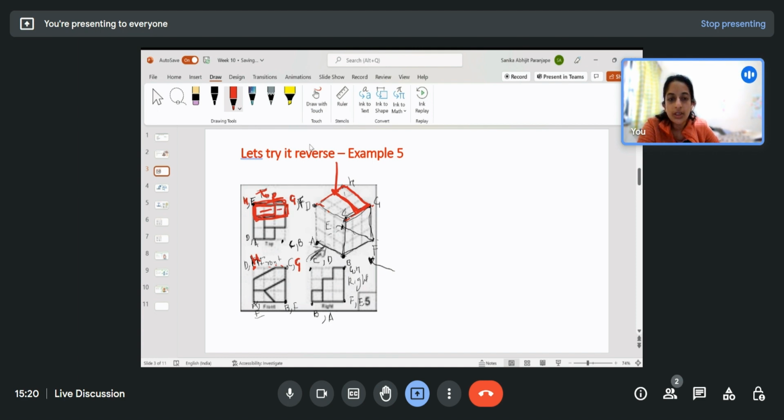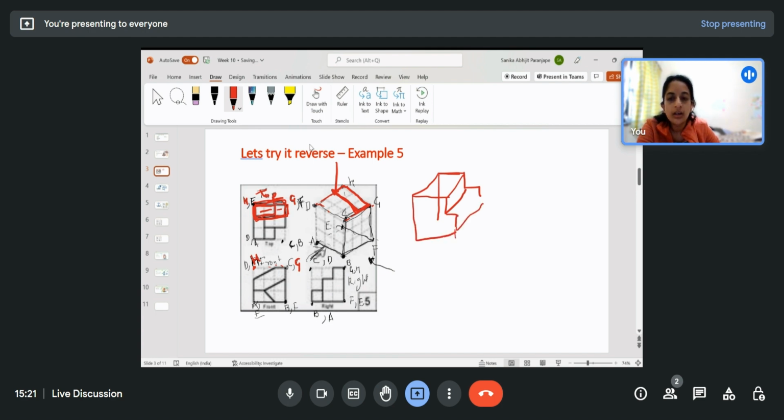So if you just have the top view, I could guess that maybe it is something like this. For two squares I have a step here, and for one square I have a step here, and it goes all the way down, and this could be the rest of the cube, like this.